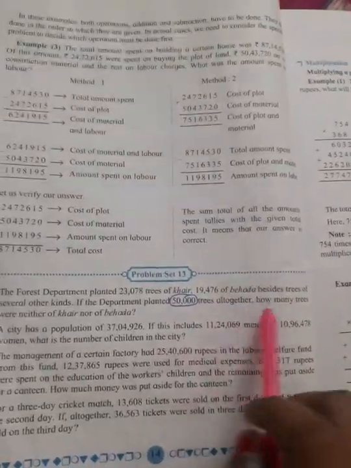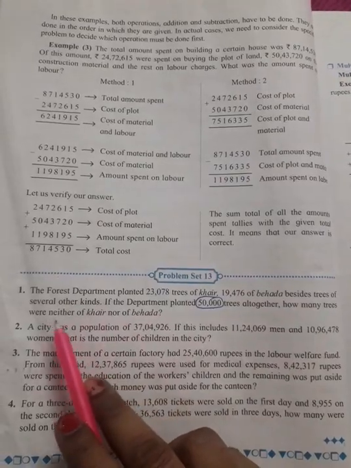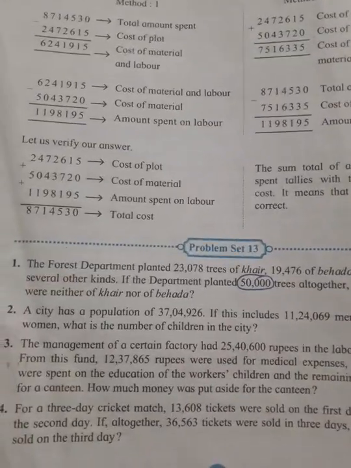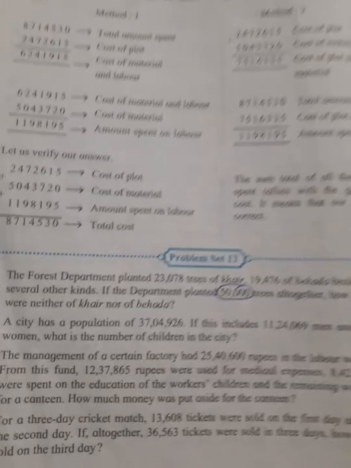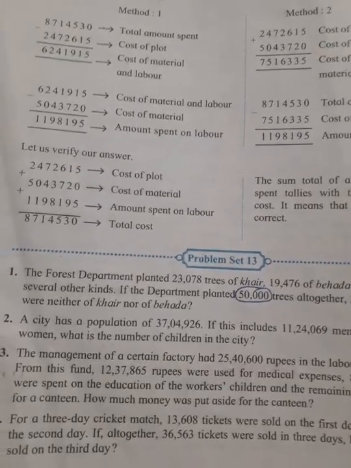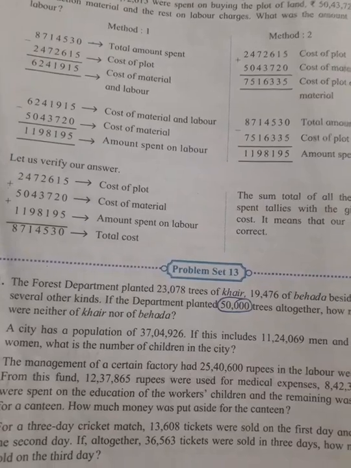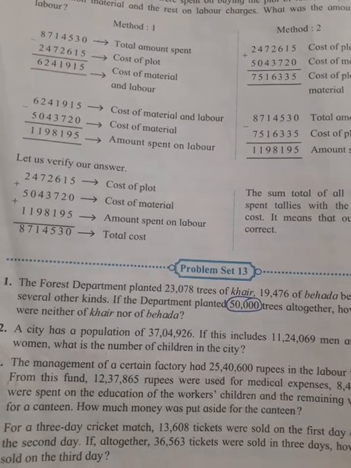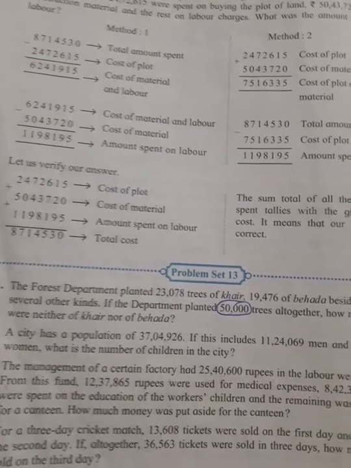Okay, so what do they want afterwards? How many trees were neither of Kher nor of Bihara? Means they have planted three types of trees, Kher and Bihara, so they are asking how many trees they have planted of the third type.